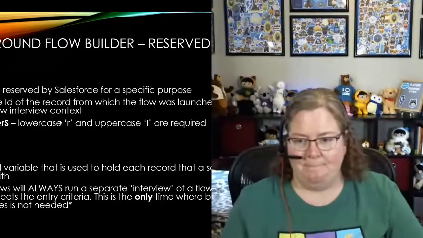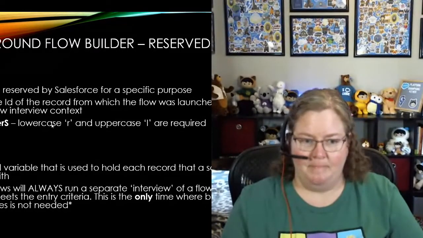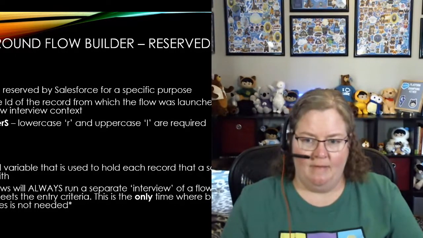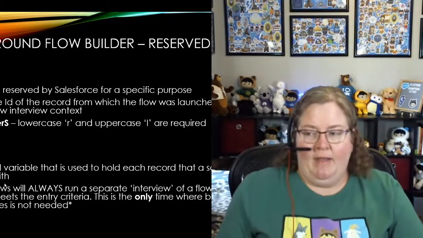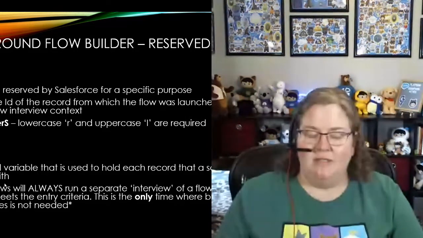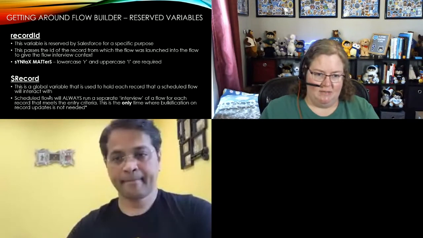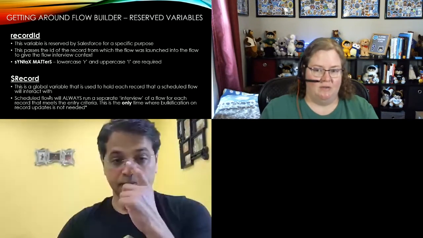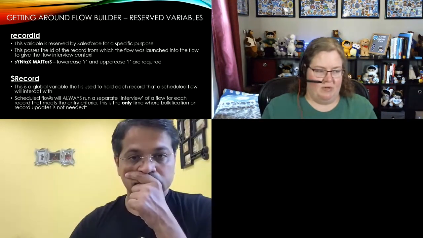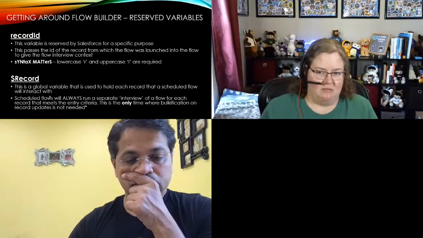One quick question, Michelle: how many records can it process in a schedulable flow? I don't know the limits because Flow handles the batching behind the scenes. Basically it does batches of 200. So if you have more than 200 records, it handles those batching processes in the back and does them in batches of 200.